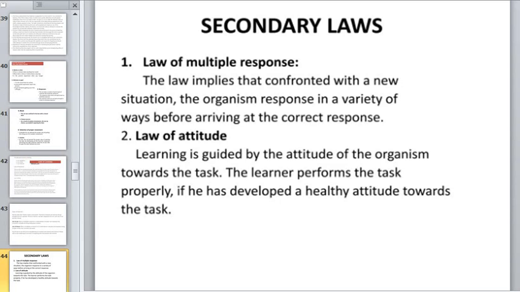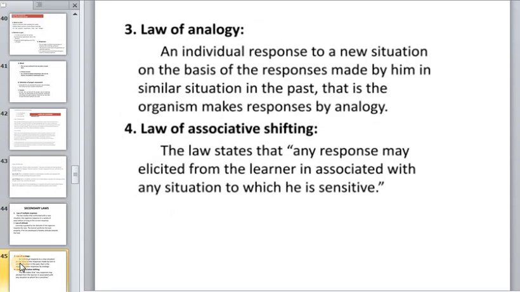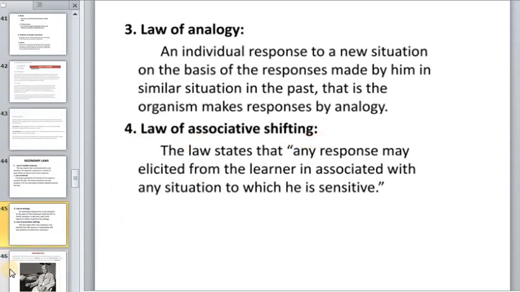And law of attitude. Learning is guided by the attitude of the organism towards the task. The learner performs the task properly if he has developed a healthy attitude towards the task. And some others: law of analogy and law of associative shifting.